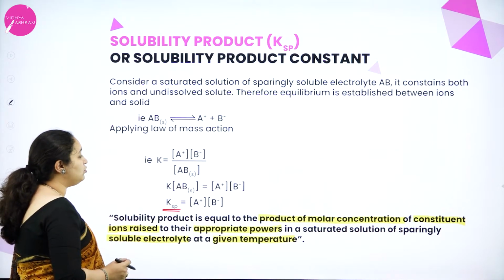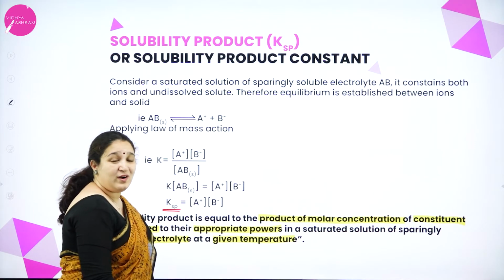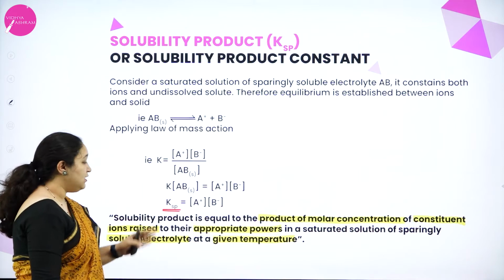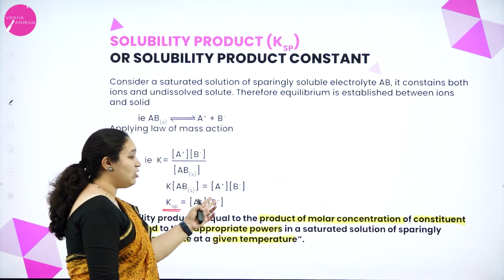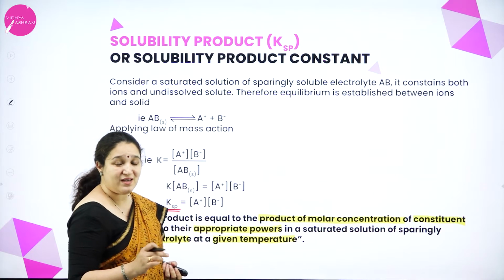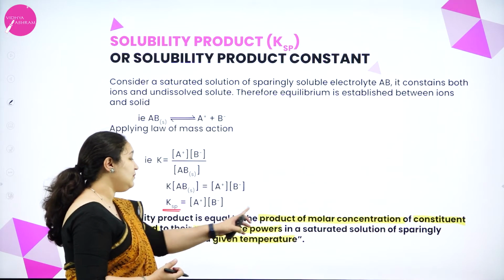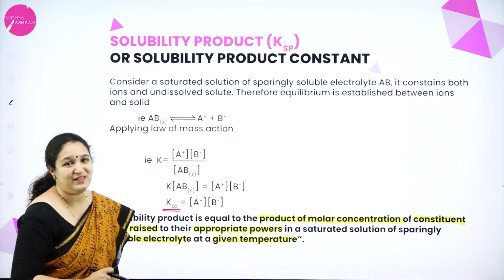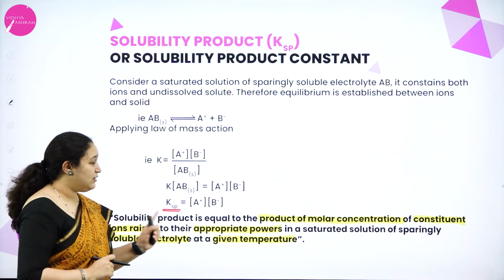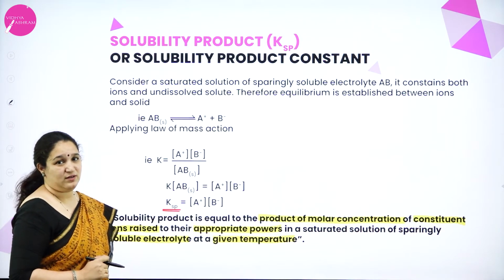Here you do not have any powers because it is equal to 1. So, solubility product is the product of the molar concentrations of the constituent ions raised to their appropriate powers in a saturated solution of a sparingly soluble salt at a given temperature. That is the definition of solubility product.